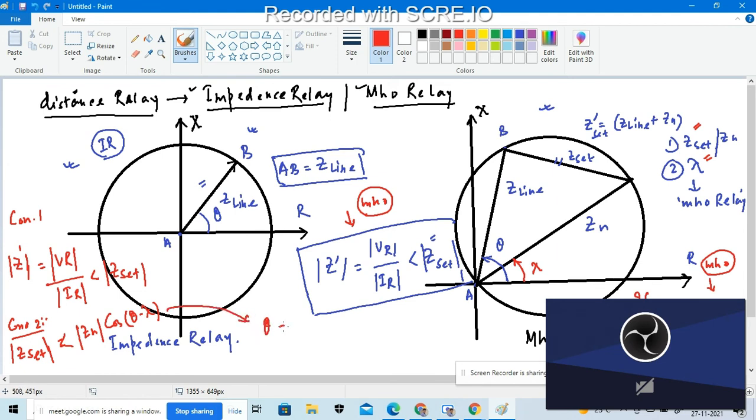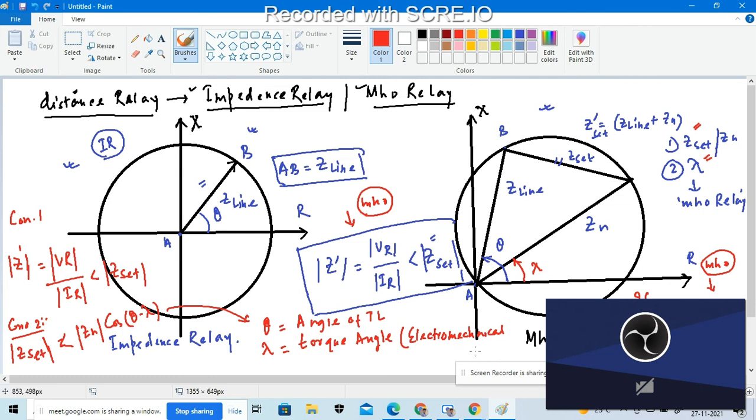Theta is nothing but the angle of the transmission line, and lambda is the angle which is also called the torque angle, due to the legacy of electromechanical relays, because all of those relays have a mechanical part.